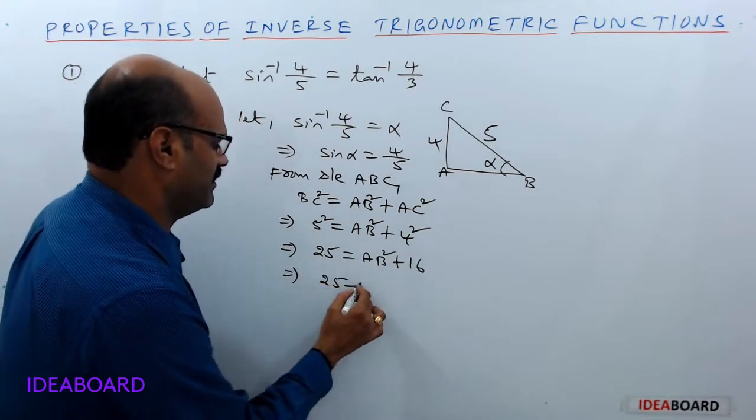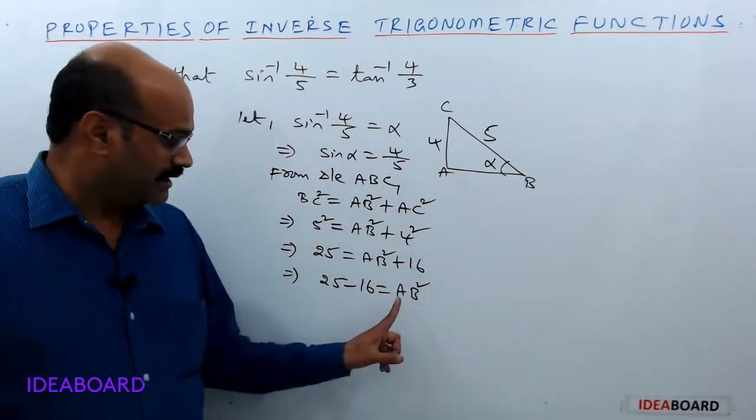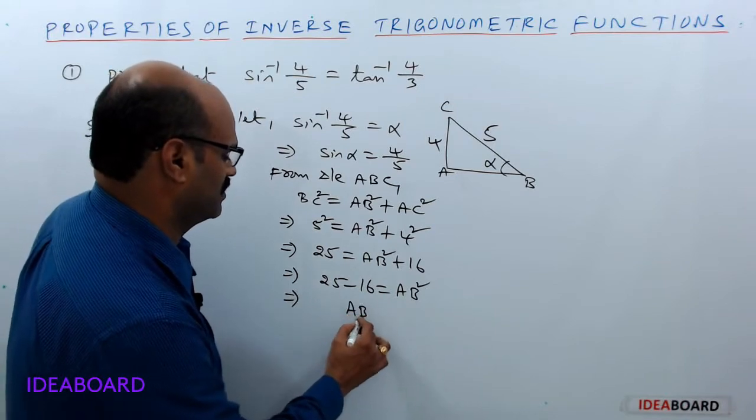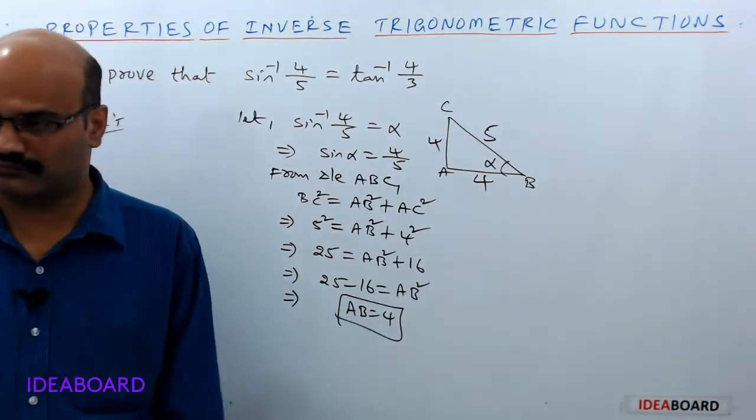So 25 minus 16 equal to AB square. It implies AB equal to 3. Therefore this length equal to 3.